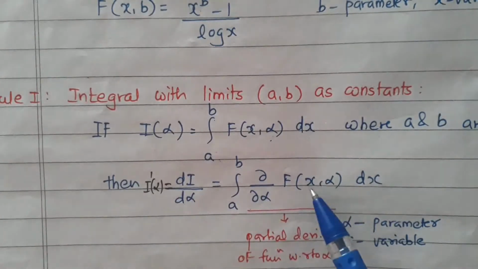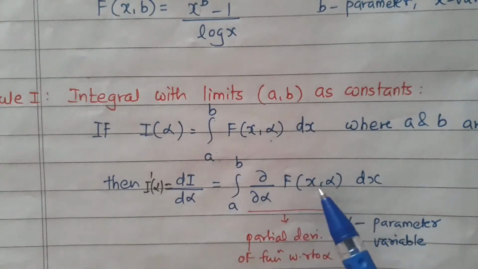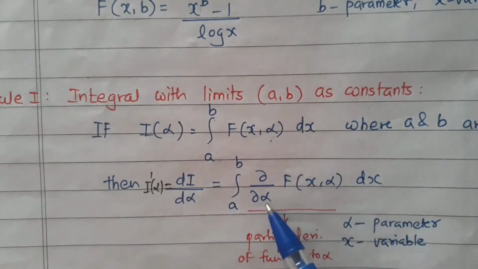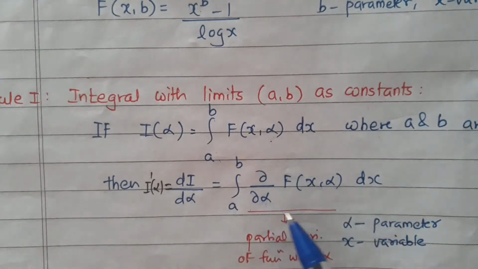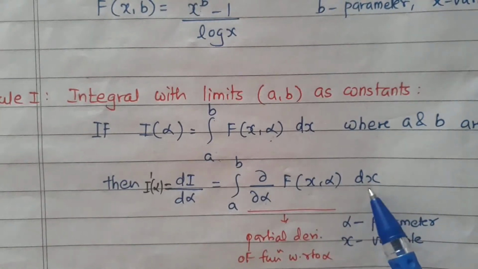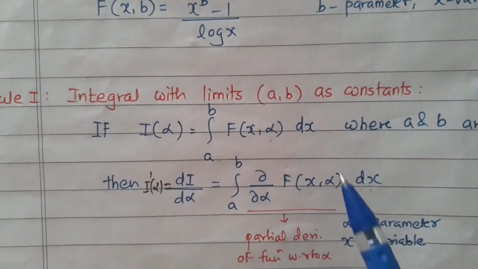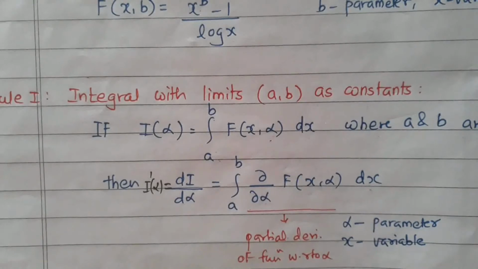This function is a function of two variables. While finding the partial derivative with respect to the parameter alpha, we have to keep x totally constant, and then whatever the outcome of this partial derivative, you have to write that respective function here, and by using some procedure you can find the solution of such types of integrals. So this is your DUIS rule number 1.